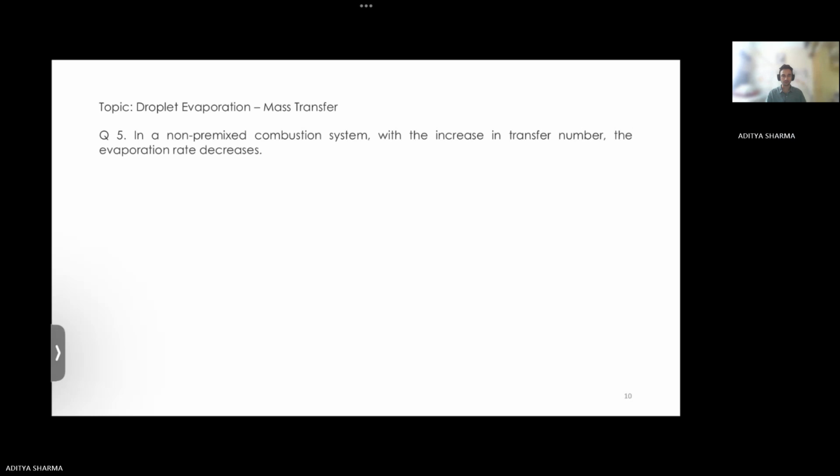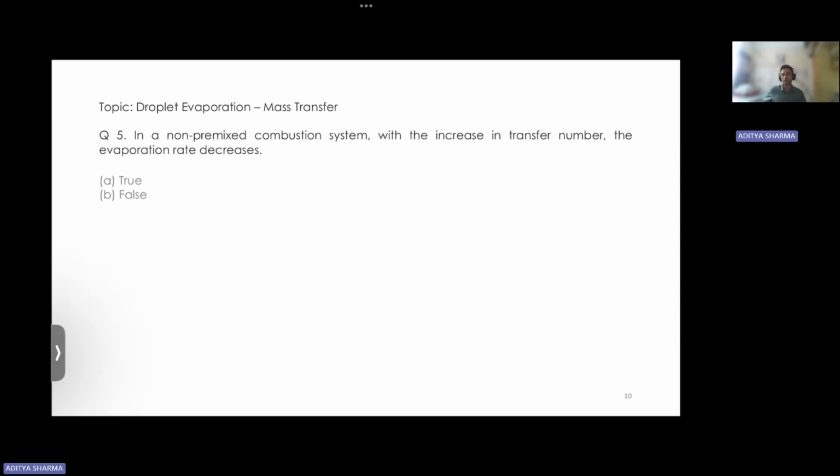Now moving on to the next question. The question is on again droplet evaporation mass transfer.